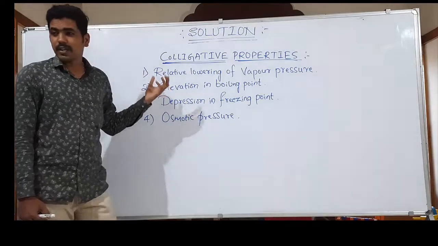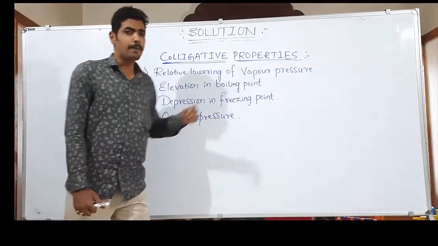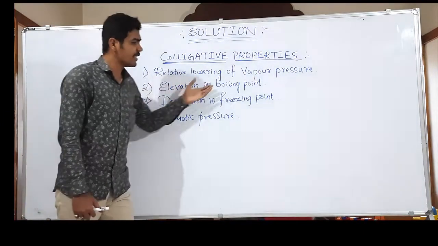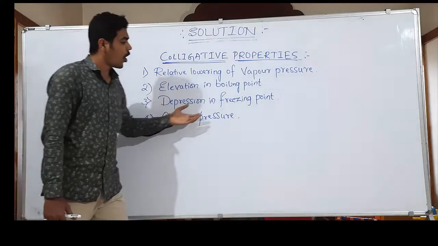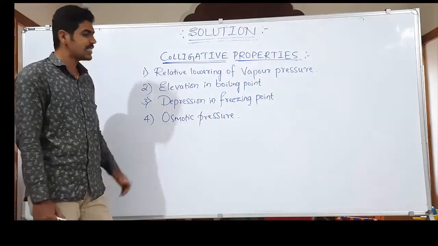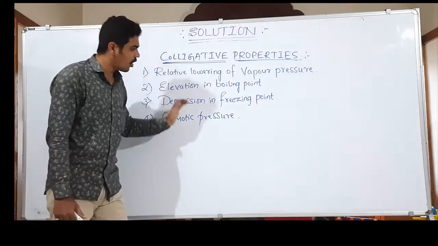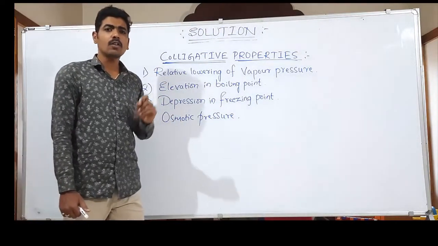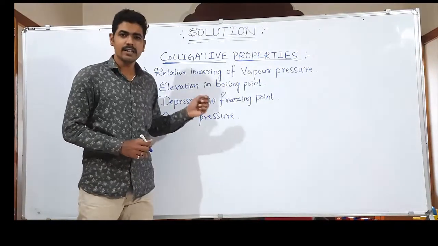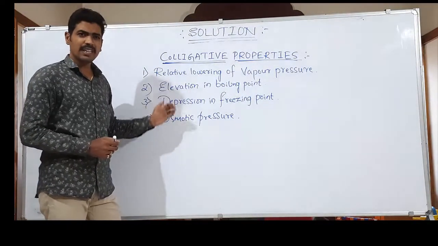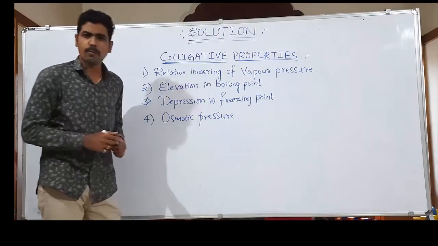And some of the colligative properties are relative lowering of vapor pressure, elevation in boiling point, depression in freezing point, and osmotic pressure. And all these properties are dependent on only the number of solute particles which are present in the solution. So we will study one by one of these colligative properties.